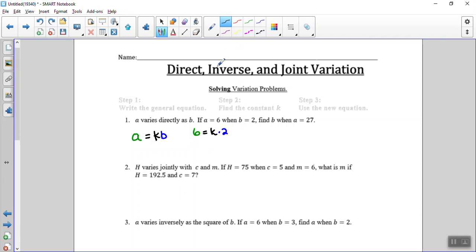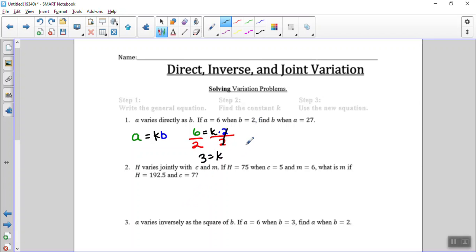Before I do the next step, I have to find K. It says find the constant K. So I'm going to divide both sides by 2, and that crossed out. So you have K equals 6 divided by 2 is 3.